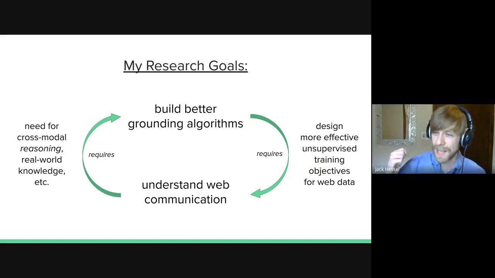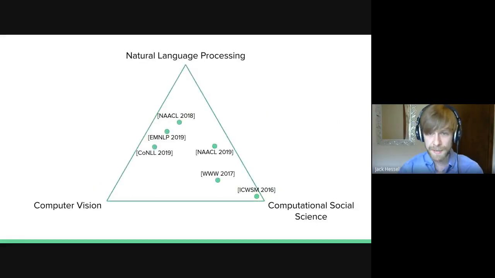And so to design more unsupervised training objectives for this sort of data, we're going to have to look to different theories of communication if we are to leverage this data to learn good representations. These dual research goals have led me to contribute a variety of works in this, I would argue, increasingly large intersection between natural language processing, computer vision, and computational social science.